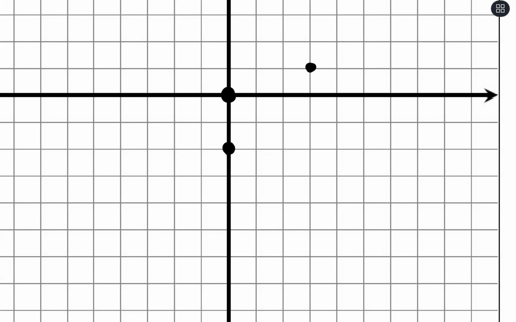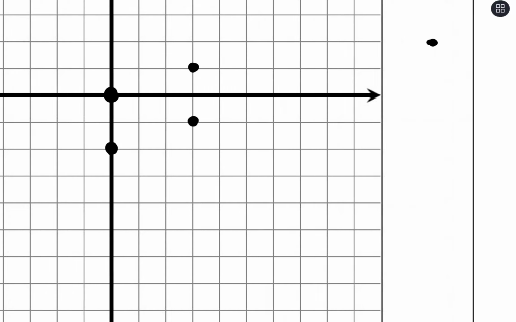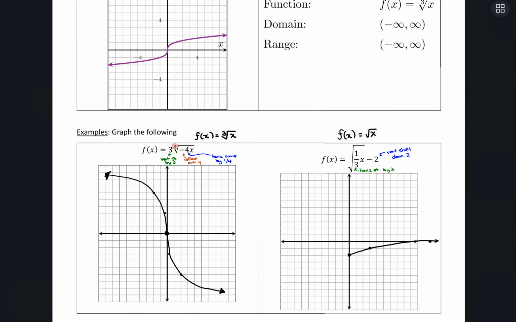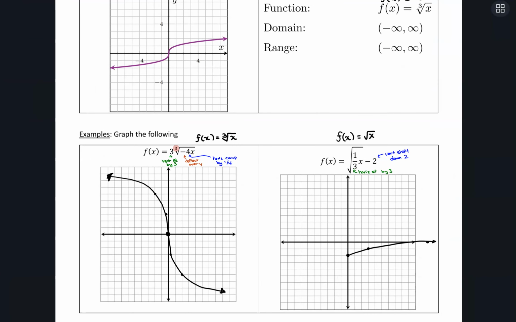So we'll be down here, here, and a little bit off the page right there. Then we connect them with something that feels like a parabola, but it's on its side, with some curvature to it. And there we go. We're going to talk about radical functions more later on, but this is just an overview as related to power functions and following our graph transformations.